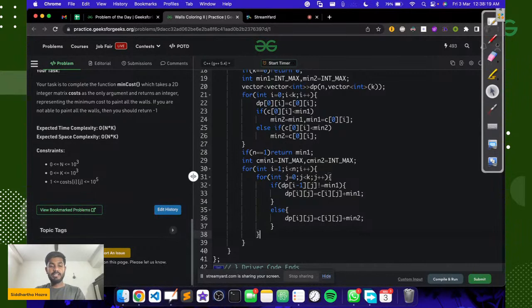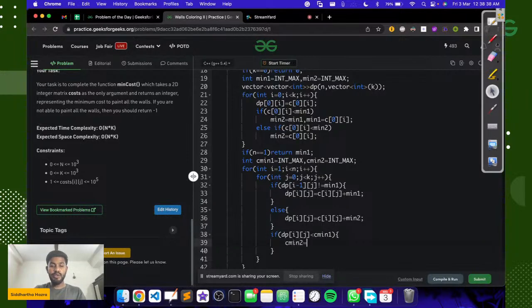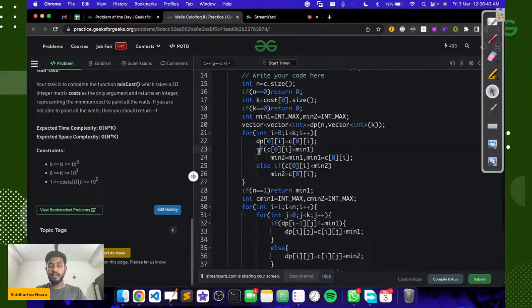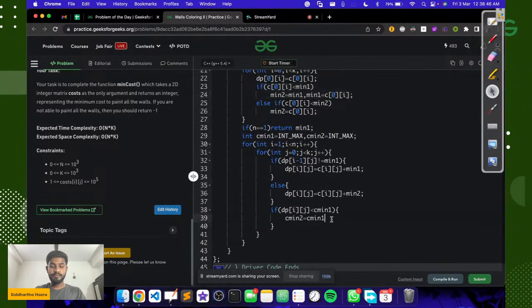After this is done, we would update the current minimum with this value. So if dp of i, j is less than c min 1, then the same thing: c min 2 is equal to c min 1, the same explanation as here, and c min 1 is equal to dp of i, j itself.